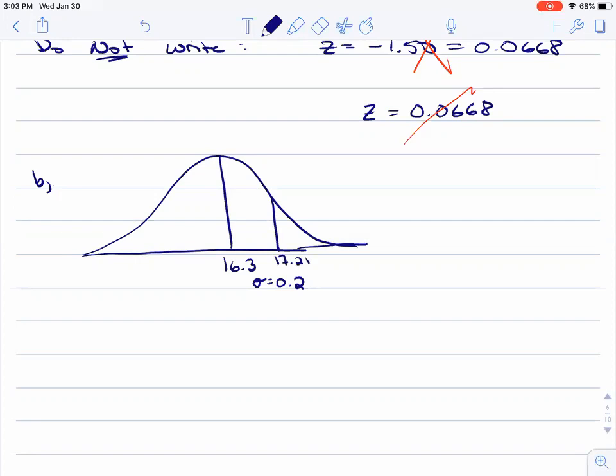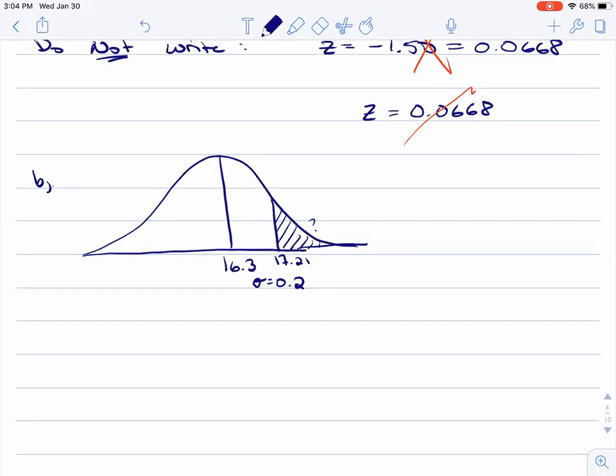We want to know what proportion of boxes weigh more than 17.21. And so this is the area that we want. Put a little question mark there. Same steps. We're going to find the Z score, use the Z table to find the area. The Z table is going to give us the area to the left, but we can use that area to find the area to the right.